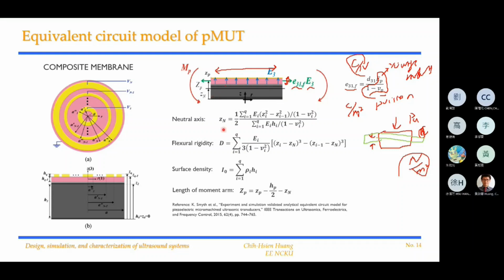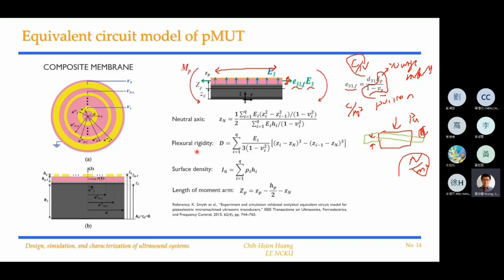We just add in all of the layers with different thicknesses and different Young's moduli to find the neutral axis location. Okay. So if your Young's modulus is higher, the neutral axis should be closer to that material, closer to the lead material. Okay. So first we find the neutral axis, so we can assume everything moves around this axis.